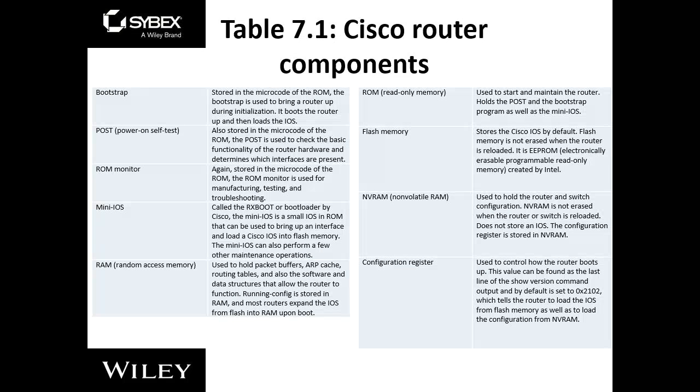Now, RAM is used to hold such things as data regarding the network, routing tables, ARP tables. The running config is held in RAM, and it will stay there so long as the router or switch is running. Once we turn that device off, that information is then gone. All right.